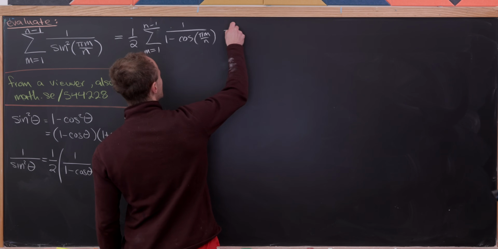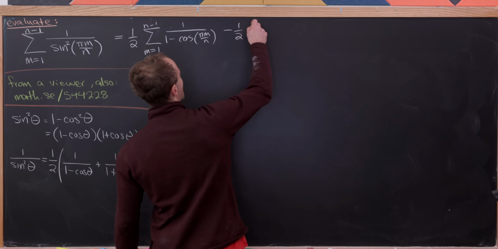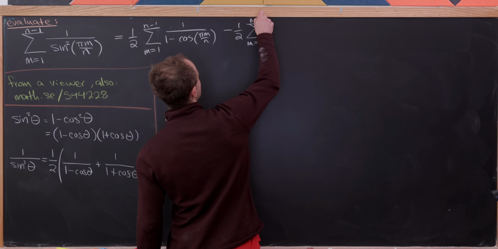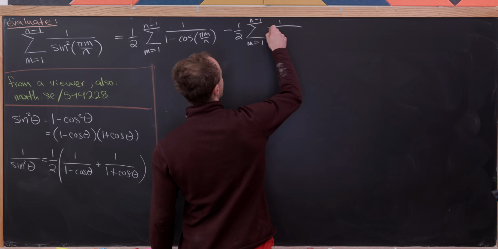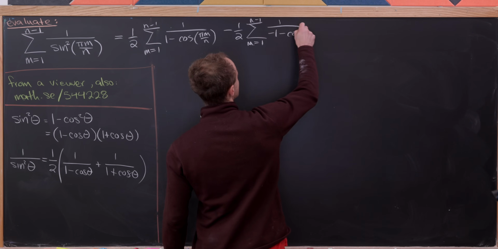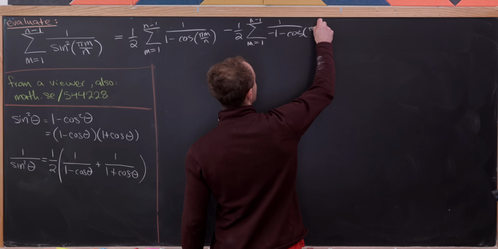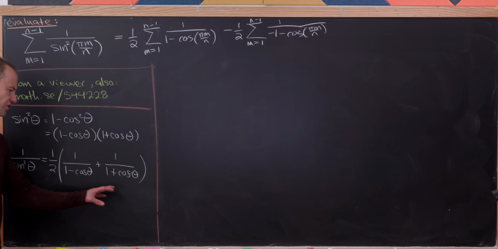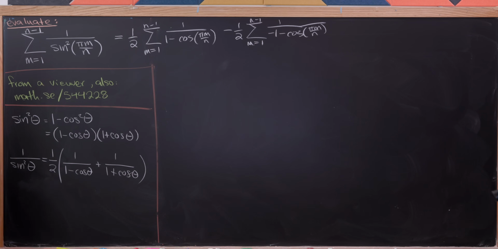And then I'm going to write this as plus 1/2 times the sum as m goes from 1 to n minus 1 of 1 over negative 1 minus cosine pi m over n. In other words, I just took this second portion of our partial fraction decomposition and multiplied it by negative 1 squared and broke it up like that.